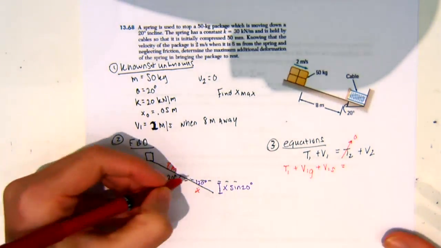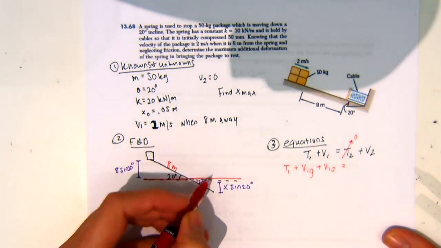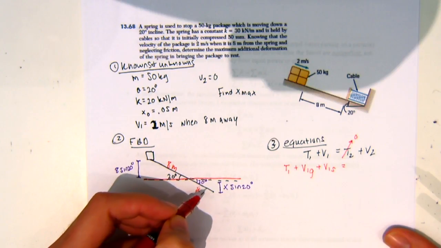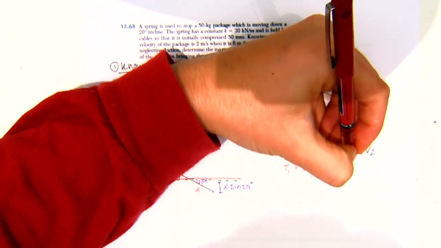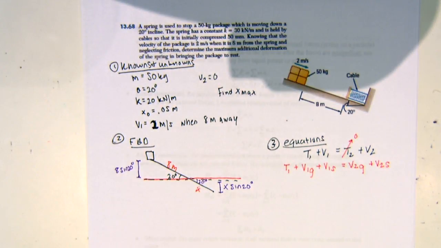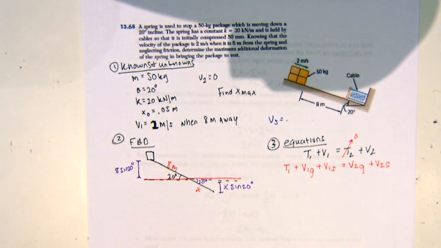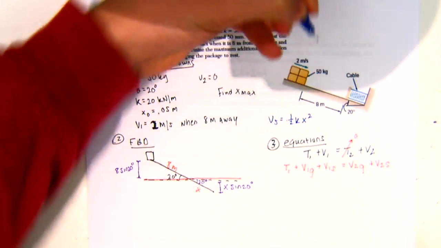So if this line right here is 0, am I going to have potential energy if it's below that line? Yeah, the height isn't 0. So we're going to have V2 due to gravity plus V2 due to the spring. And now we're going to start plugging stuff in. So we know that the energy due to a spring is equal to 1/2 k times delta x squared.